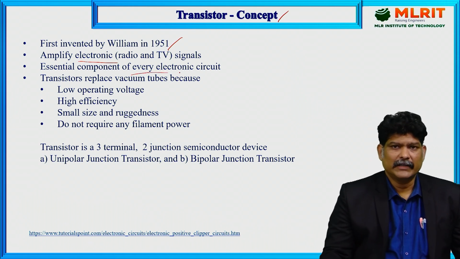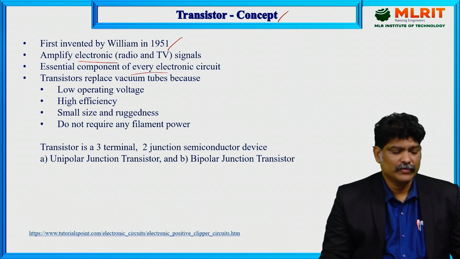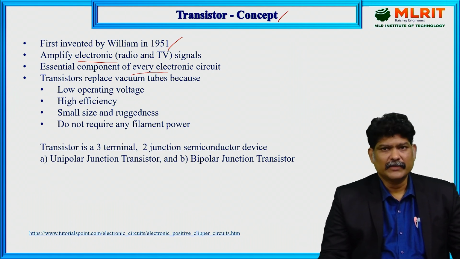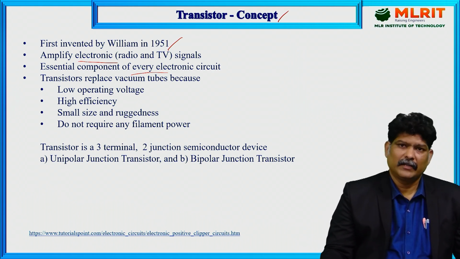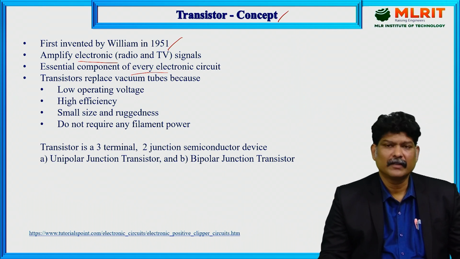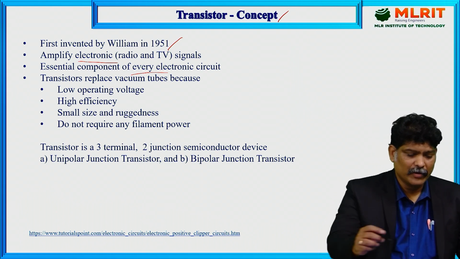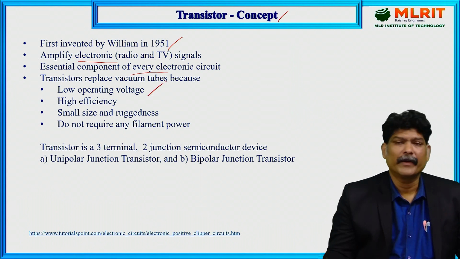You can take any integrated circuit and you find these transistors, and thousands of transistors are placed in a single chip. That is because of VLSI technology. Transistors replaced vacuum tubes because they have low operating voltage.